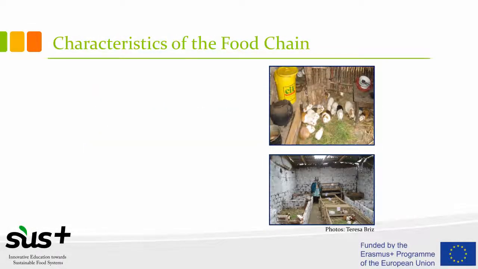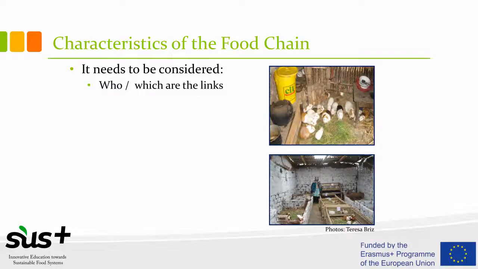When we analyze a particular food chain, we need to consider the existing links, the agents that take part in the food chain. So who or which are the links? Another question is to know how each process works. It is not the same to analyze a simple transporting agent as one that needs a certain temperature or processes a product with perishable ingredients or delicate characteristics.